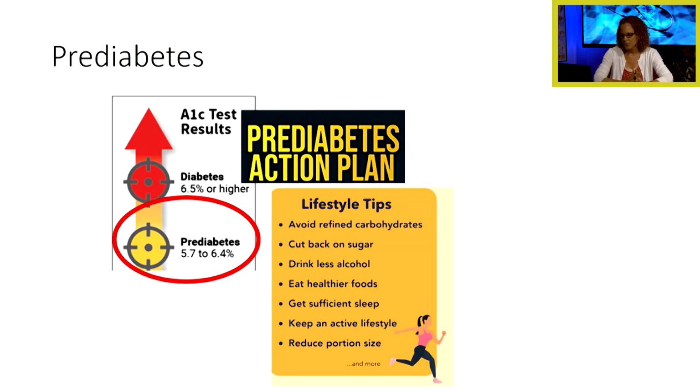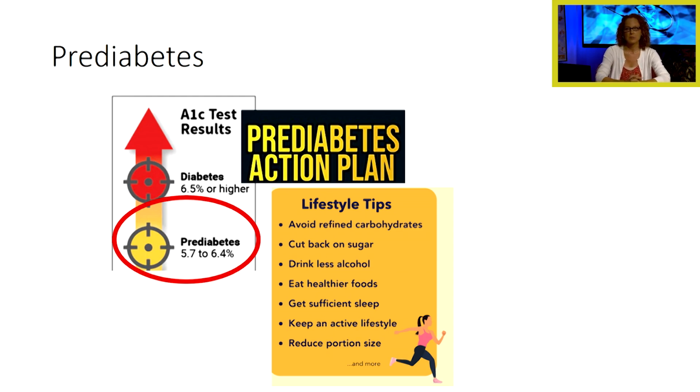So first of all, pre-diabetes is when you have a hemoglobin A1C blood test that is about 5.7 to 6.4. Okay, so what this means is that you've gone to the doctor, you may be having some of the symptoms of diabetes, which we will talk about, and your doctor checks your blood and says, you have a hemoglobin A1C that is between 5.7 and 6.4.